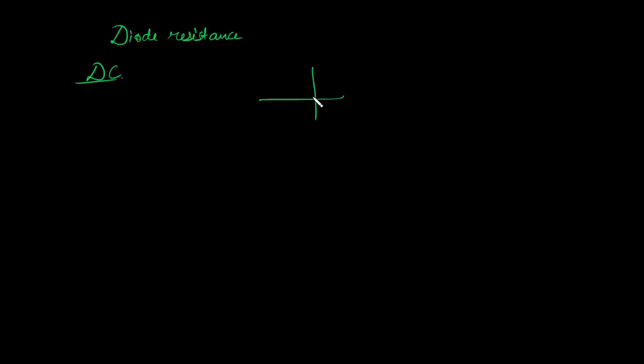Suppose this is the characteristic curve, then if I take any point here, there will be some value of current here, ID, and voltage across this diode, VD. Then DC resistance RDC is simply the ratio of instantaneous values of voltage and current.